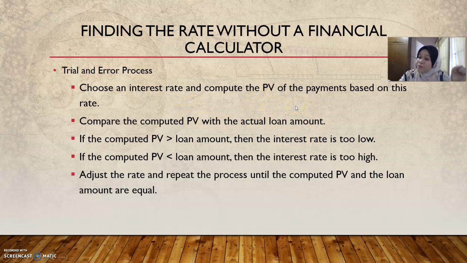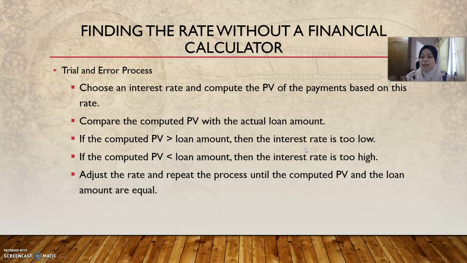The computed present value should be equal to the loan amount if you use the right interest rate. If you use the interest rate, compute your present value, and it is more than your loan amount, then the interest rate might be too low. If you compute the present value and it is less than the loan amount, which means that the interest rate that you choose is too high.